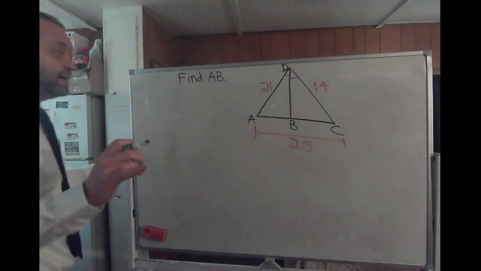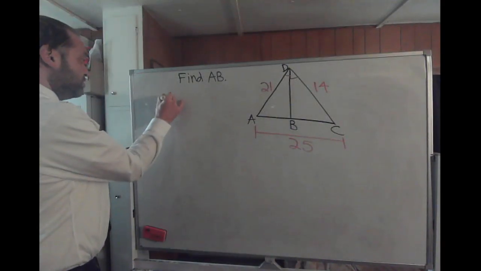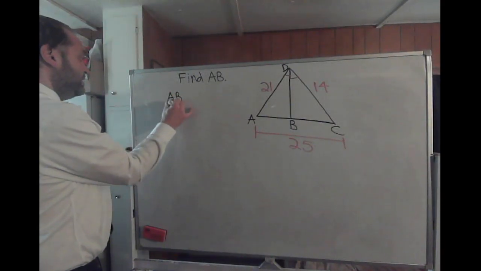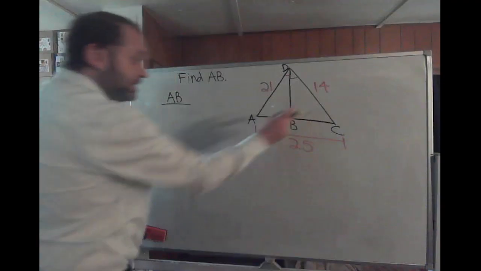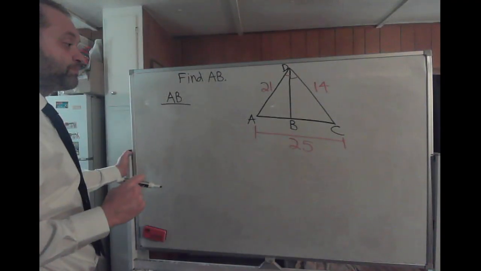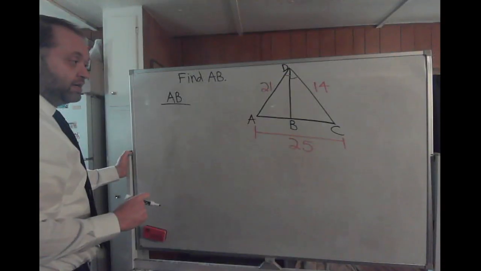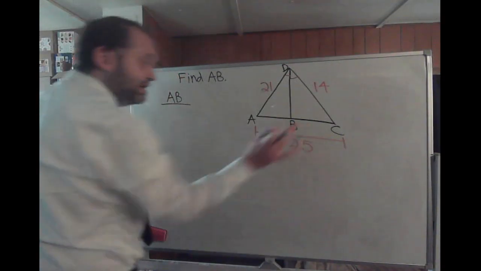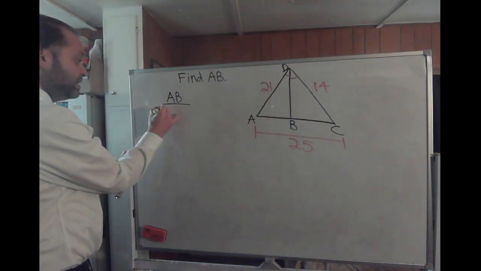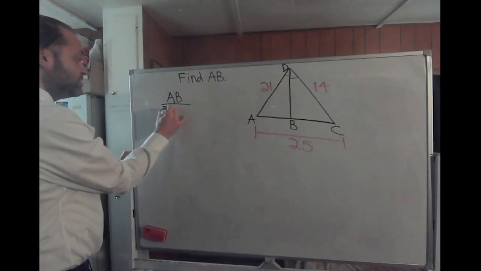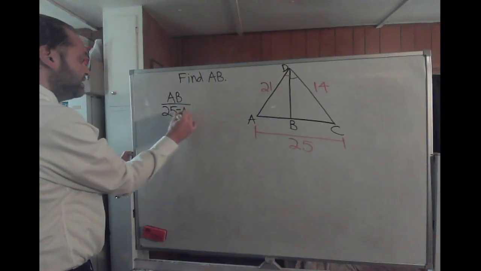Well, we're trying to find AB, so the ratio is going to be AB to BC, but the whole length is 25 for AC, right? If we do 25 minus AB, we get BC, don't we? So that's actually going to be AB to 25 minus AB.